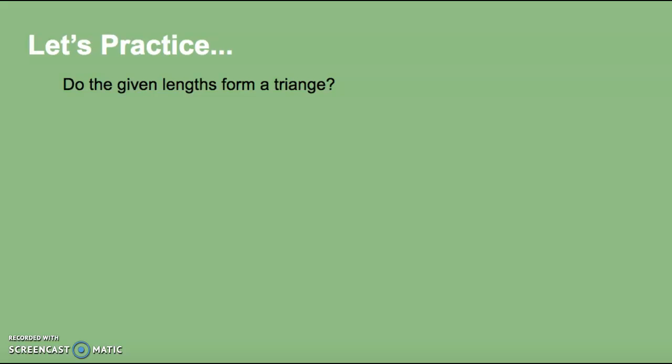Let's practice this skill together. Do the given lengths form a triangle? Here are the given lengths of a possible triangle: 5, 6, and 7. We don't even really need to have that figure in front of us. However, sometimes it's helpful to draw a triangle and label the sides in order to see it better. We first put together the 5 and the 6, which is 11, and 11 is greater than that third side, 7.